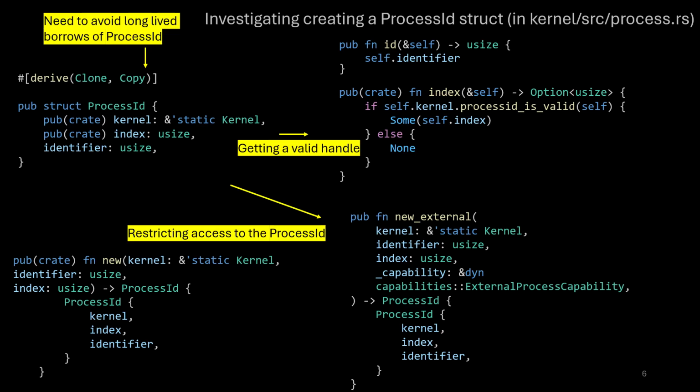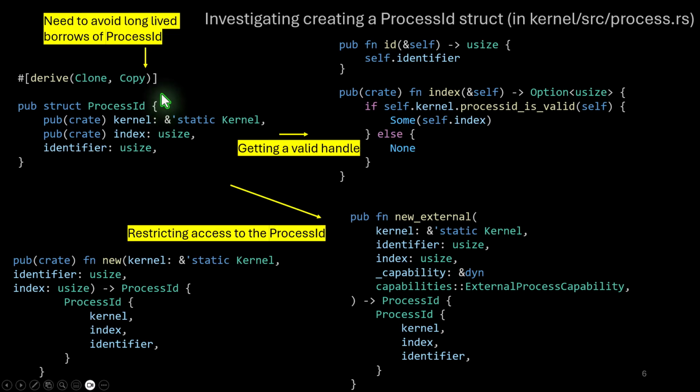So the process ID structure has some interesting properties and functions to look at. One of the first is that it has a copy trait. The copy trait, a lot of times you see with primitives like integers or floating point numbers, things that are as easy to copy as to borrow.